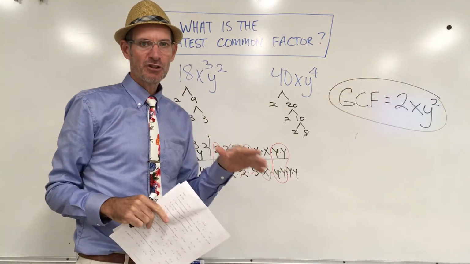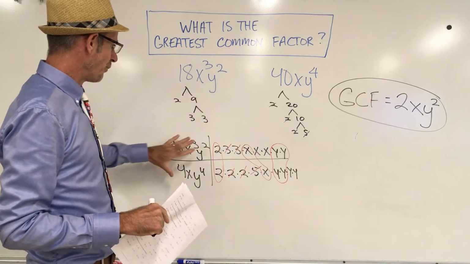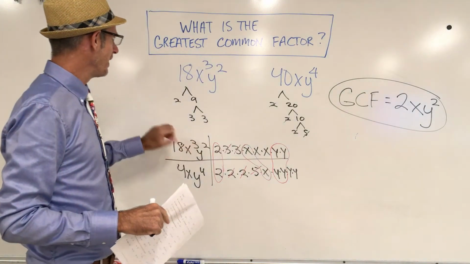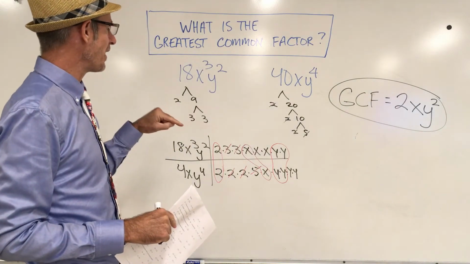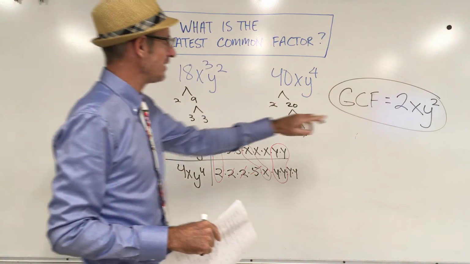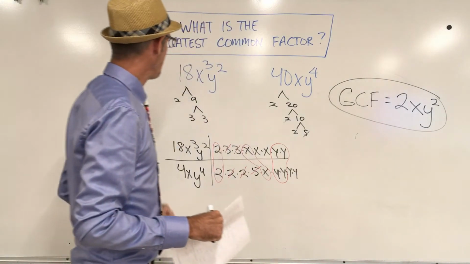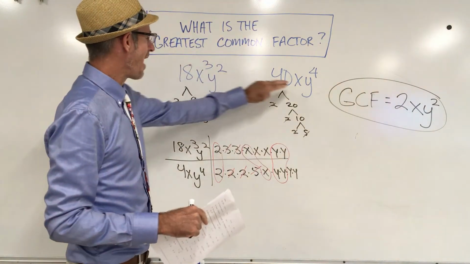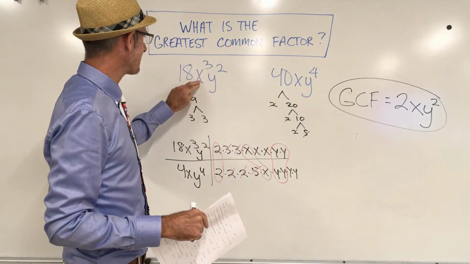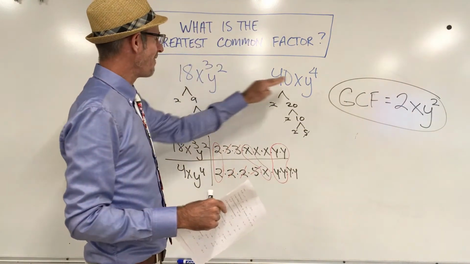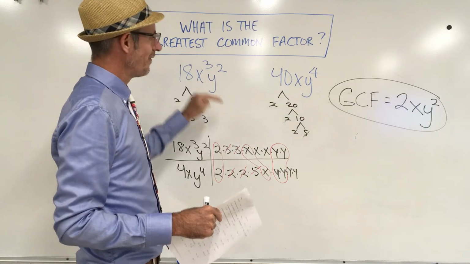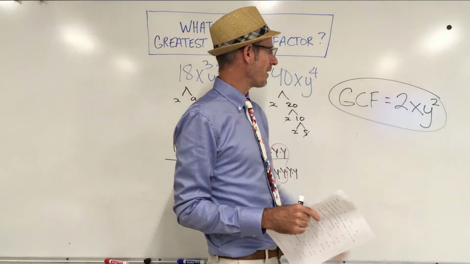Some students would just look at this problem and without writing all of this out, they would look at the 18 and the 40 and say the biggest number that goes into 18 and 40 evenly is 2. Then they would say to themselves, they both have at least 1 x. That's why we have 1 x here. And they both have at least 2 y's. That's why we have a y squared there.